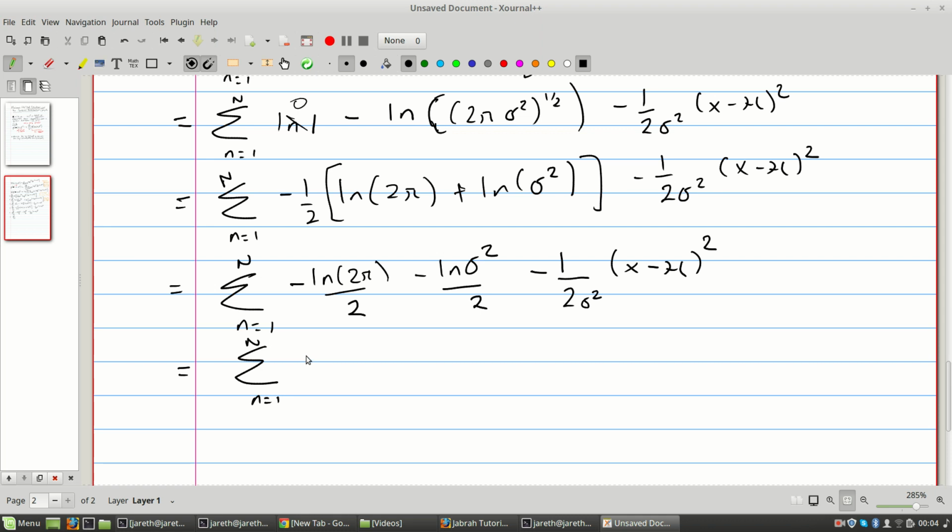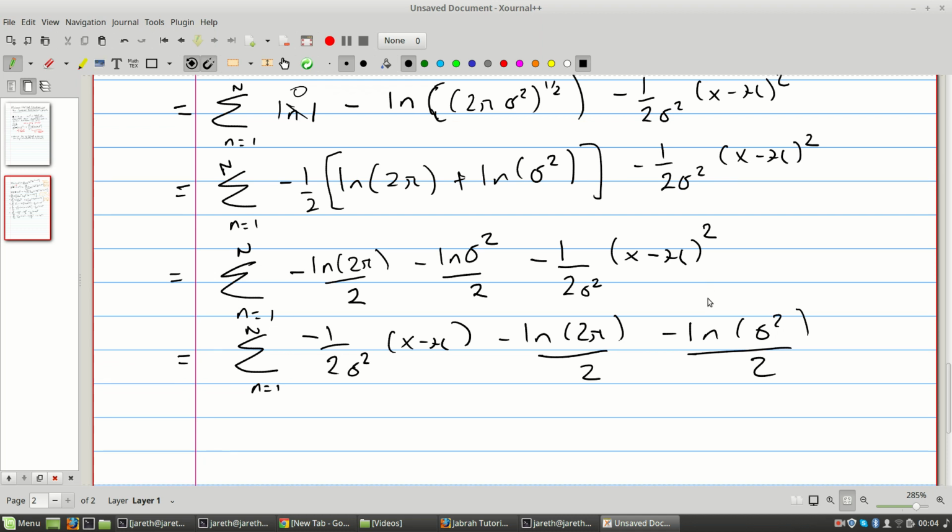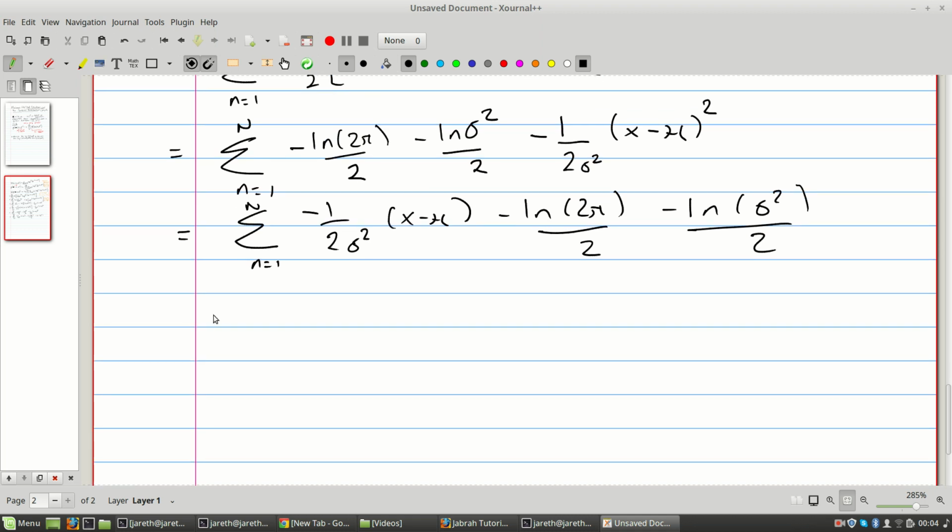I'm just reorganizing it here: minus 1 over 2 sigma squared, x minus mu, minus ln 2 pi over 2, minus ln sigma squared over 2. Okay, so this is the point we've reached.